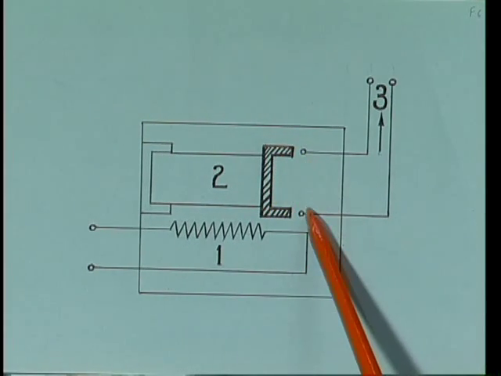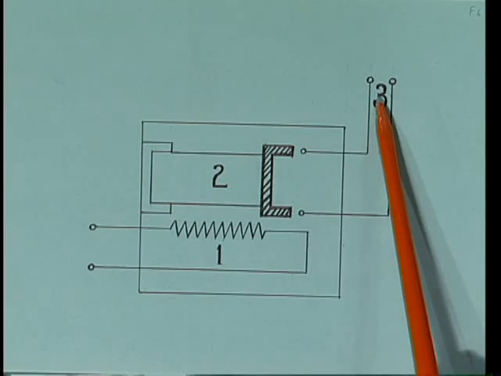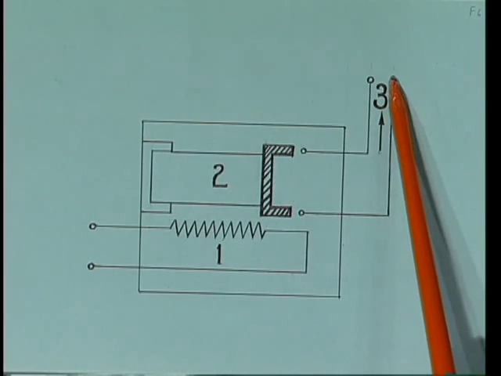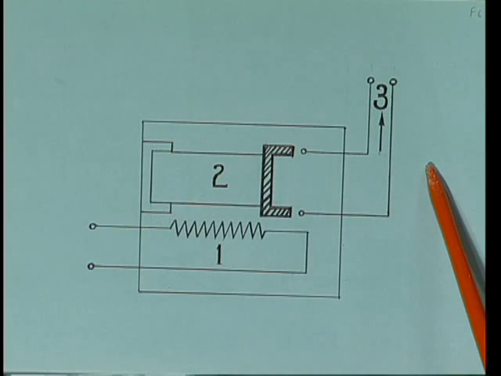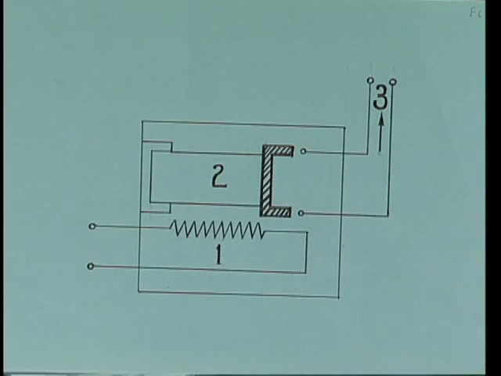Thereby the trip coil circuit is closed, and hence it opens the circuit breaker, so that the faulty section is disconnected from the healthy system. Like this the thermal relay works. Coming to its applications, thermal relays are obsolete because they have been replaced by electromagnetic relays.